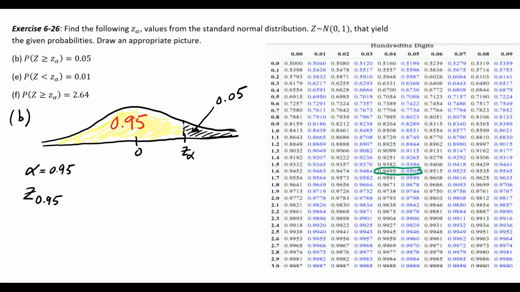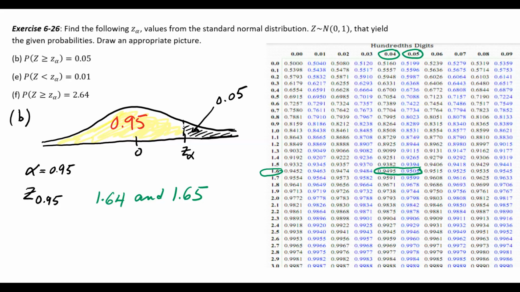So I have a value that's associated with 1.6, this is 0.04, this is 0.05. So I know that the z-score that I'm looking for has to be in the middle, or the midpoint, between 1.64 and 1.65.